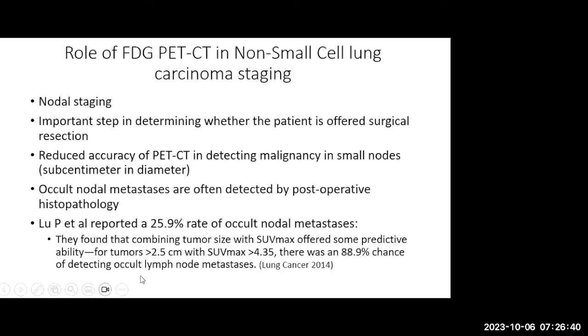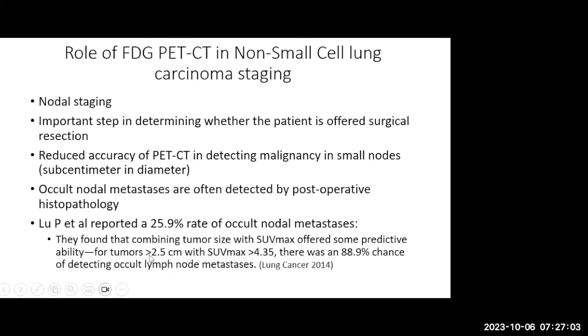I just want to highlight this particular study that found a rate of about 26% of occult nodal metastasis on FDG PET. In this particular study, however, they combined tumor size with SUV maximum, and they found that offers some predictive ability.